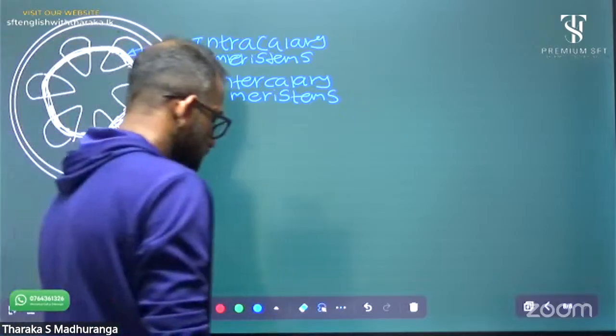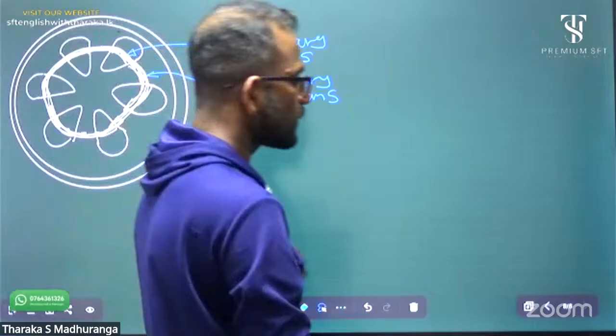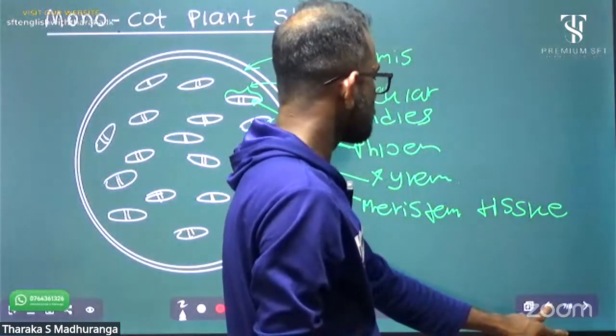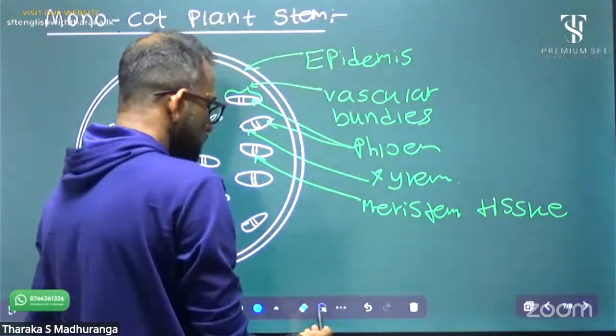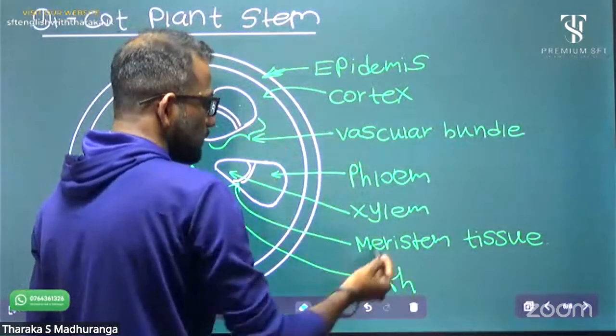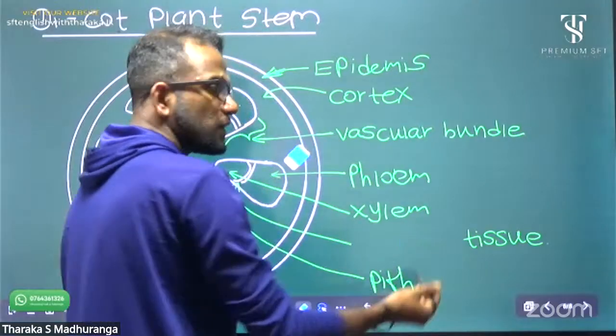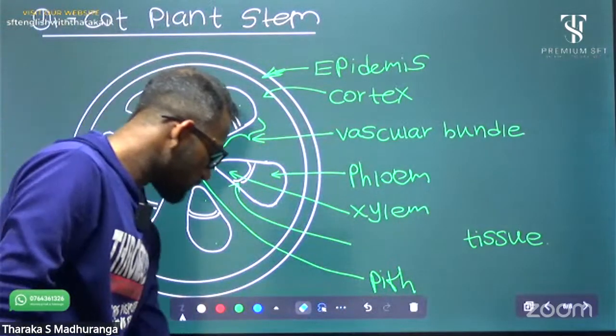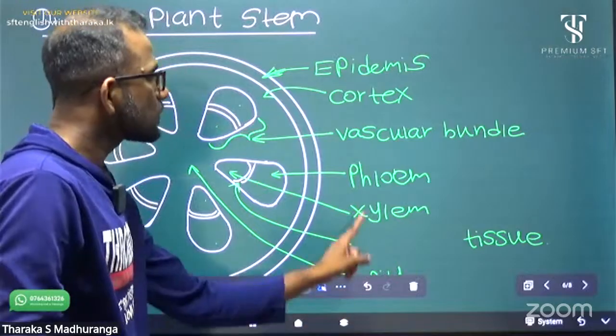Sorry, mistake. Change the previous diagram, it is not meristem tissue. It is cambium tissue here. Sorry, it's a mistake. Not meristem. Cambium tissue.